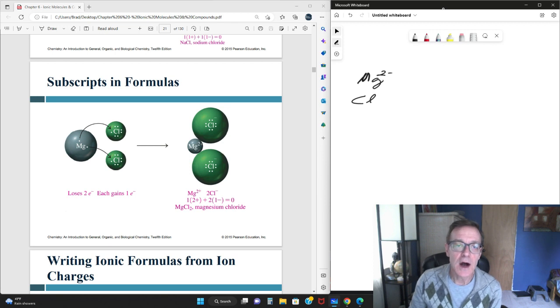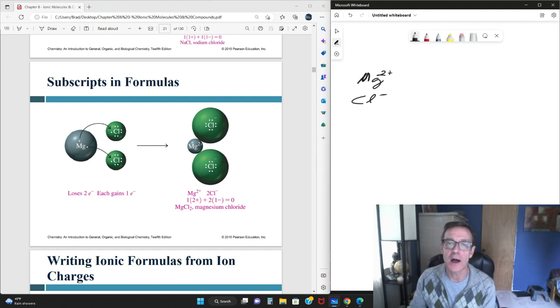Magnesium would be a +2, sorry, and chloride is a -1. There we go. In their ionized form to form the ionic bond.